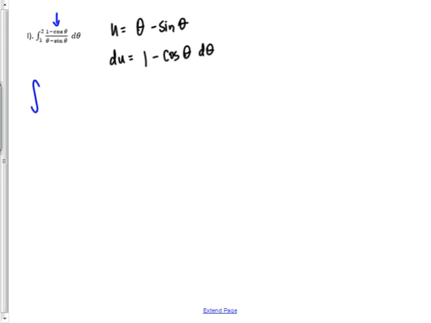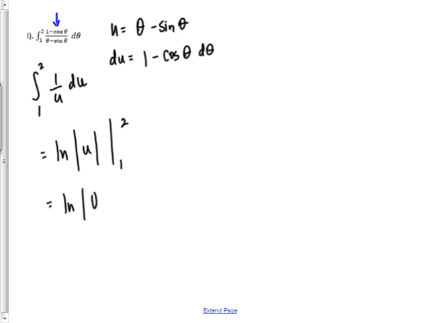So I'm going to call the bottom u. I'm going from 1 to 2. I'm going to go ahead and put my 1, and then the 1 minus cosine theta d theta is du. Okay, so this is natural log of absolute value of u, and I want to integrate it from 1 to 2. So that's the natural log of the absolute value of theta minus sine theta from 1 to 2.